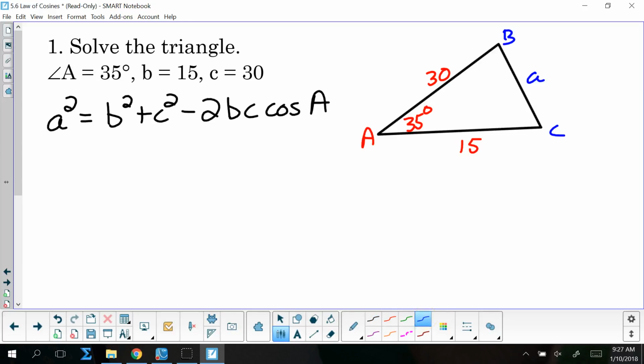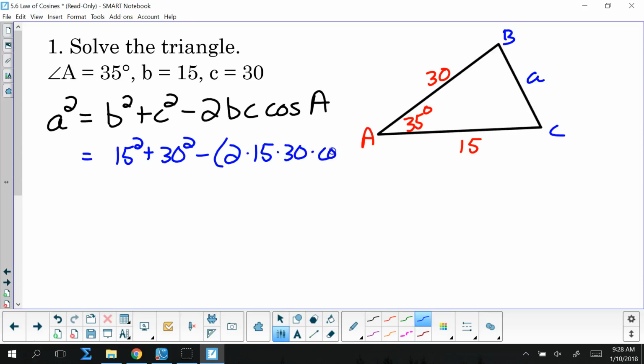Substituting in 15 squared plus 30 squared minus 2 times 15 times 30 times the cosine of 35 degrees. Now, here's the cool thing about modern technology. Okay? If you have a calculator that you can see what you're typing in, type it in.